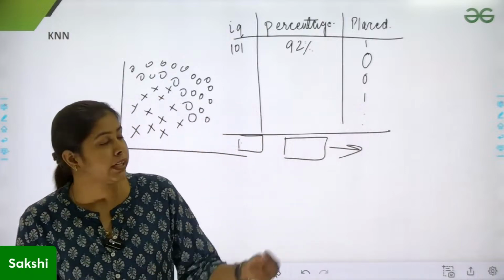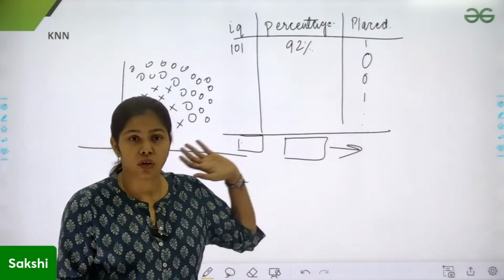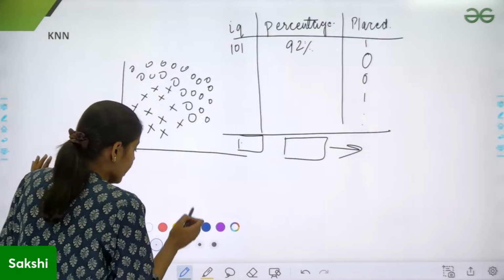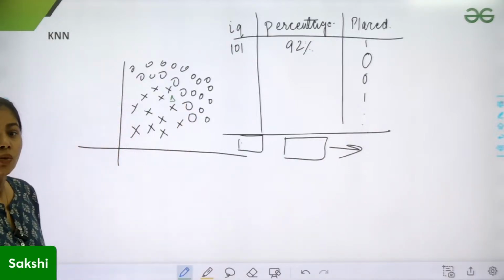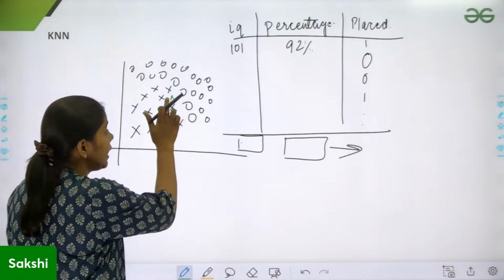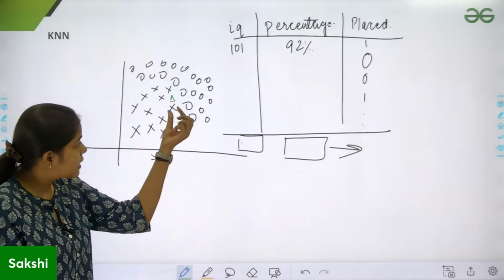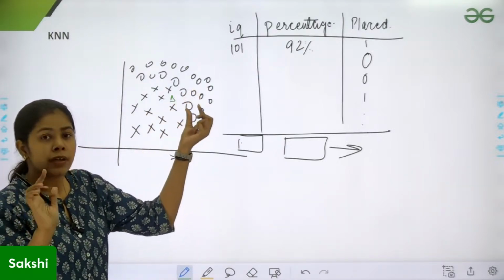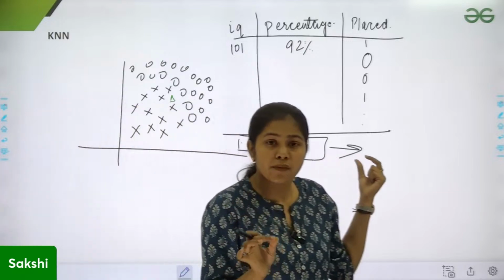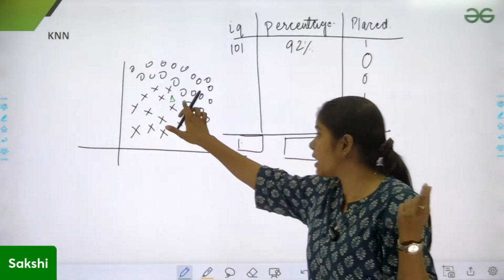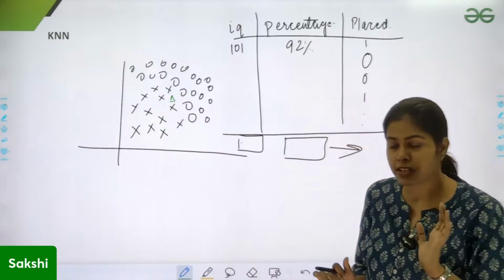Let's say I have this green mark, this triangle sign. Zero means the student gets placed and cross means the student doesn't get placed. I want to classify this student, whether this student gets placed or not.